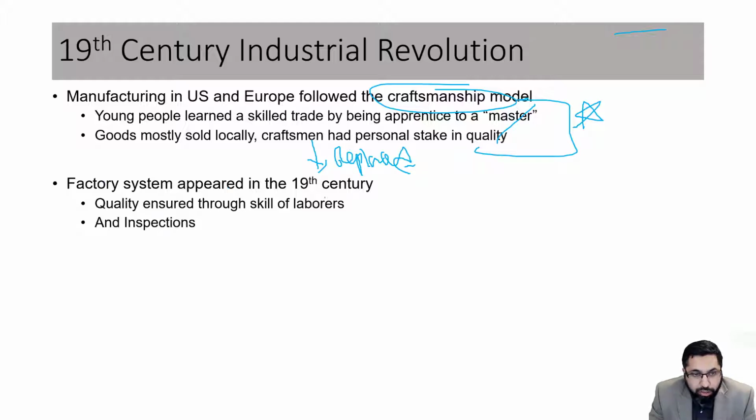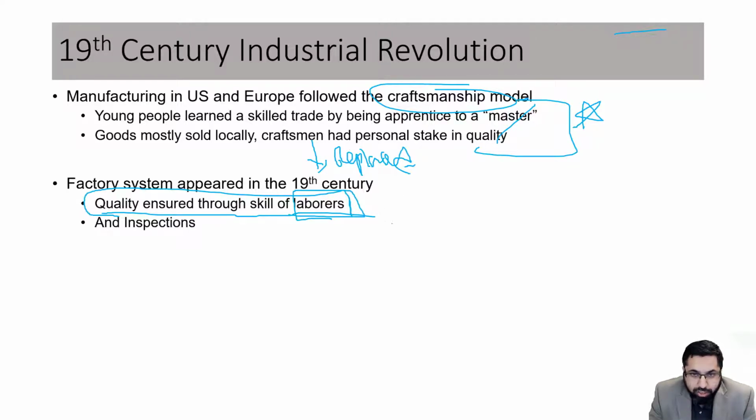With factories, quality was ensured through the skill of the workers, as with craftsmen. But because of processes, you didn't need every single worker to be highly skilled. You could have some skilled workers and some not so skilled, because you wouldn't need a person to build the whole item.